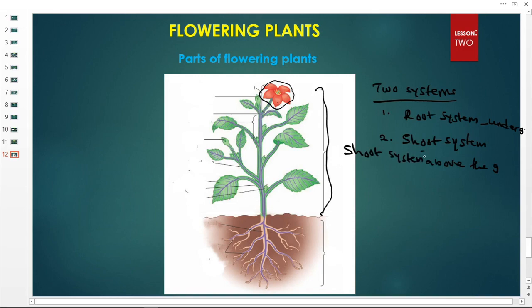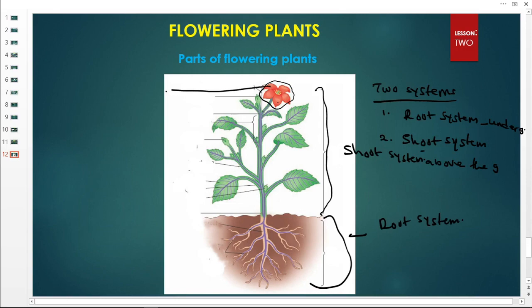Then all these parts we find inside the soil are forming what we call the root system. Then we are going to name the parts that make up the different systems.